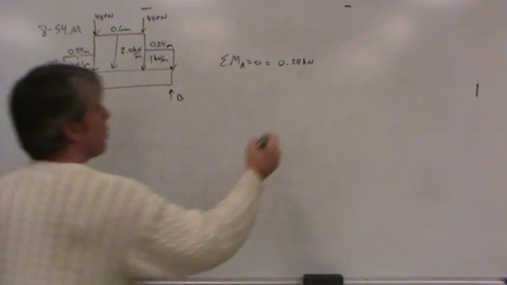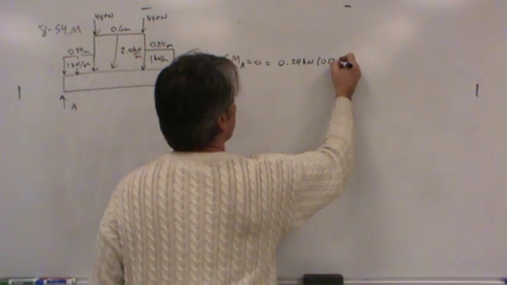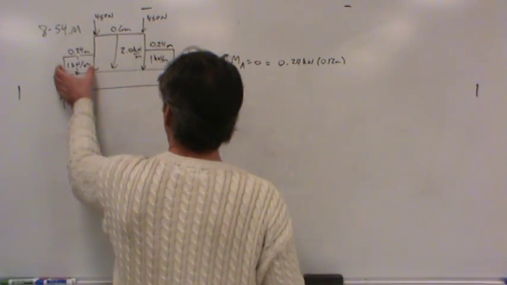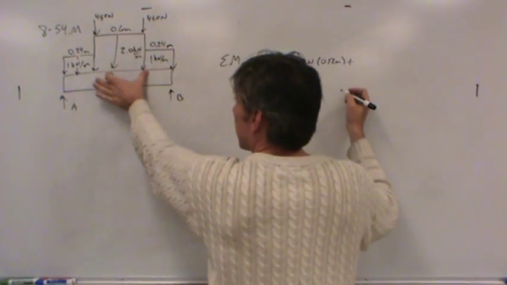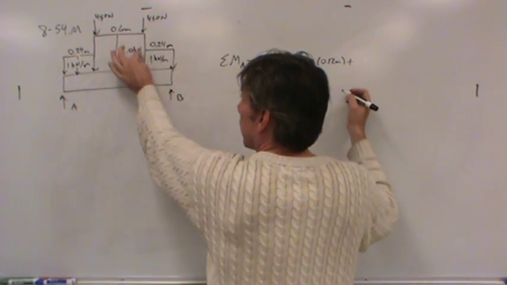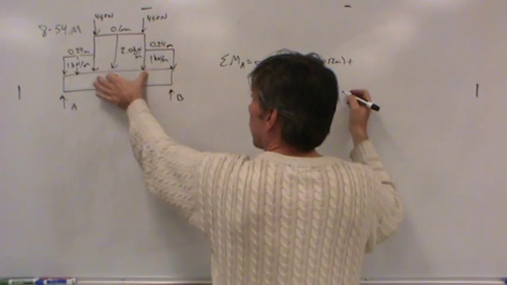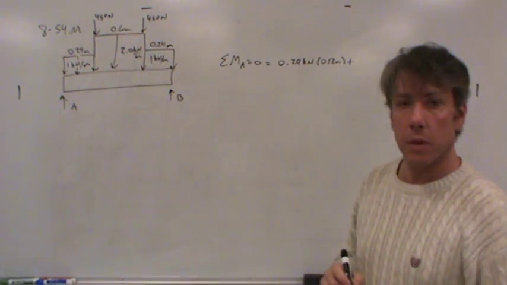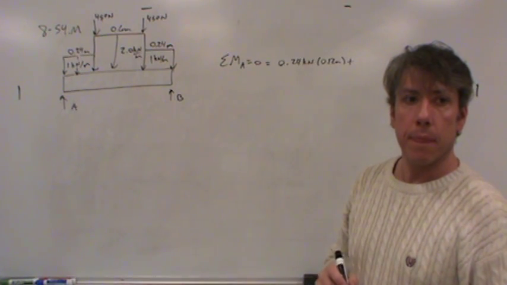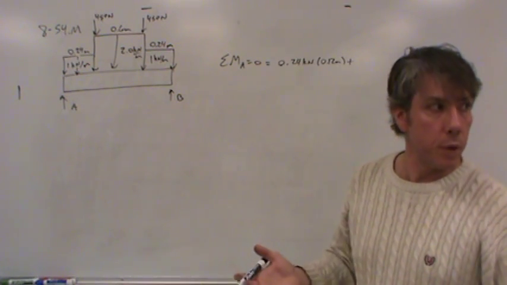So the moment arm is 0.12 meters for that first distributed load. Continuing along, we've got the next distributed load, which is 2 kilonewtons per meter times 0.6 meters. So what's the resultant force for that distributed load? 1.2 kilonewtons, right?